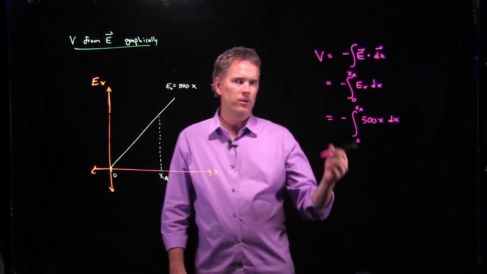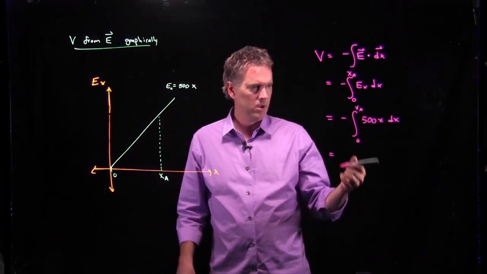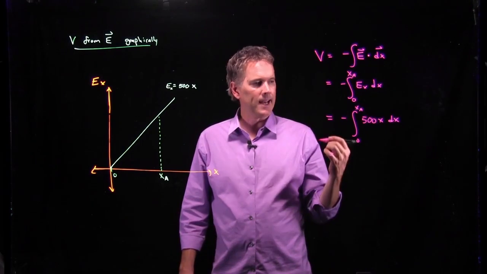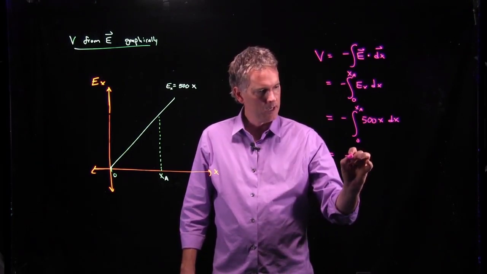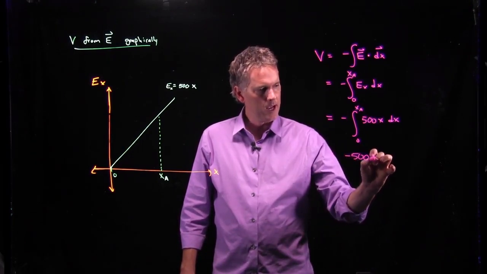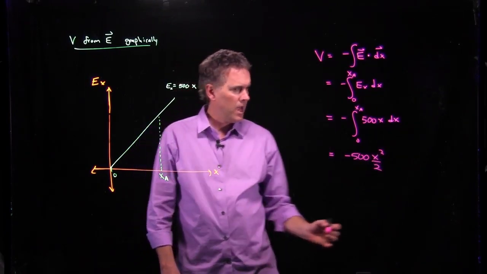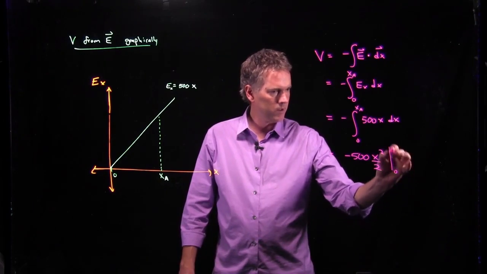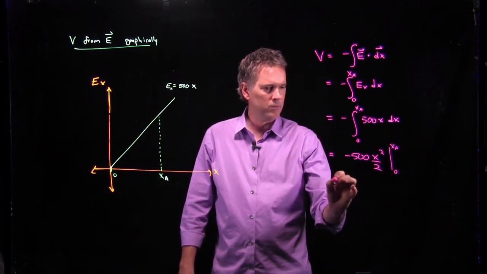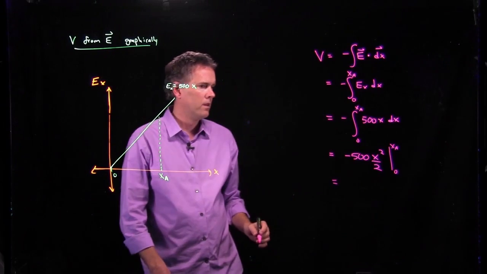And now we know how to integrate that. 500 is just a number. If I integrate x, I get x squared over 2. And so we end up with negative 500 x squared over 2. And then we have to evaluate this thing from 0 to xa.